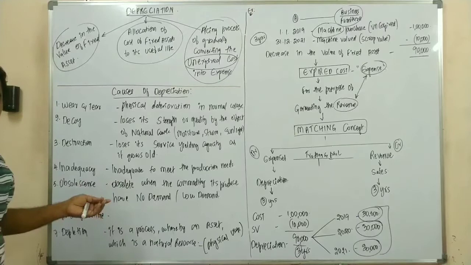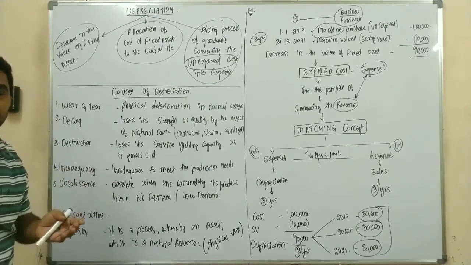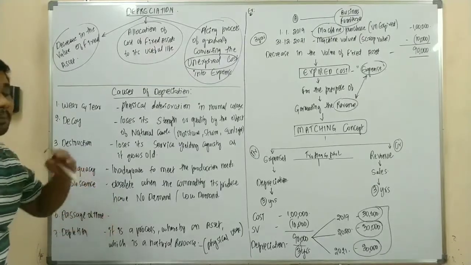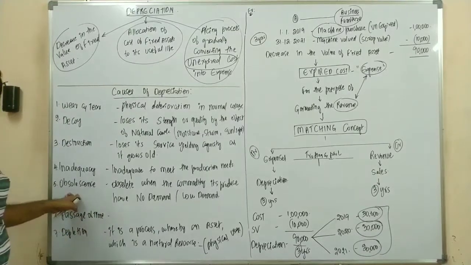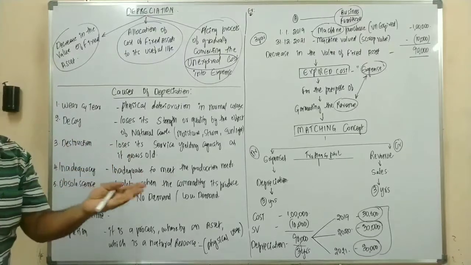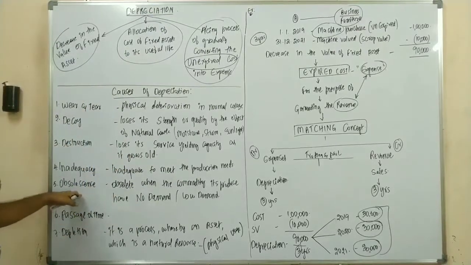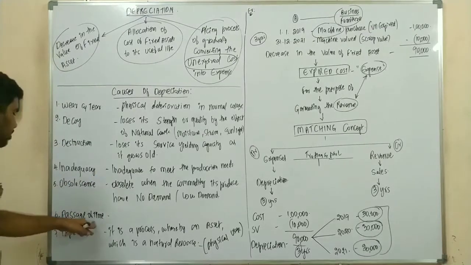Yes or no? So a better example would be typewriters. These days, typewriters are no more used. Yes or no? They were replaced by computers. So the machinery which was used for producing typewriters went obsolete because of what? Your computers.